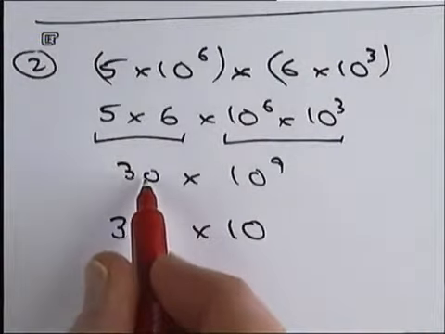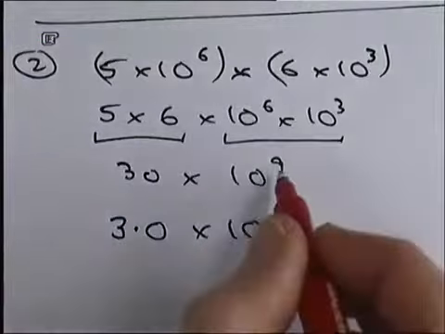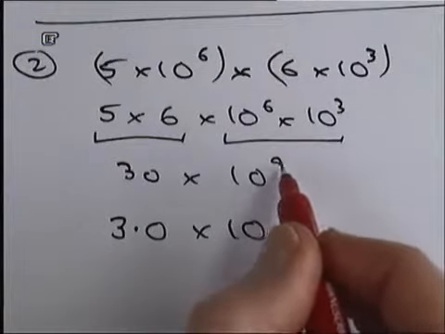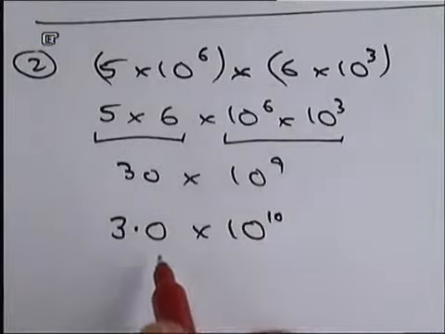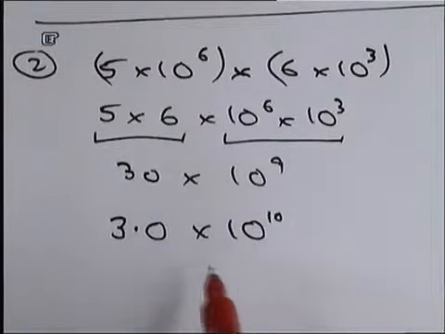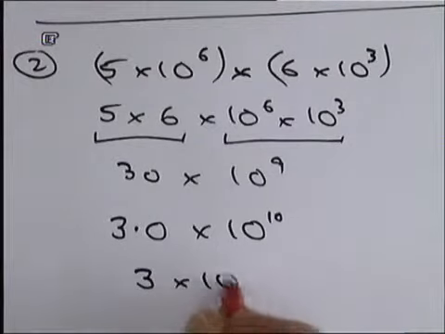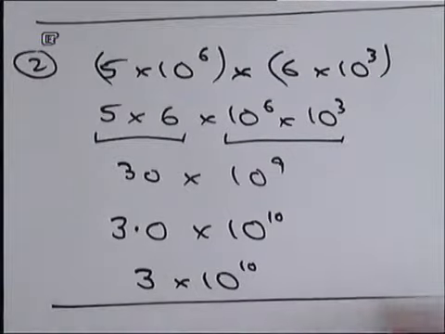So if I've made this number smaller, by dividing it by 10, I need an extra 10 here. So what I do is I add 1 onto that power. So I will get 3.0 times 10 to the power of 10. You could, if you want to, miss out the .0 there and just write it down as 3 times 10 to the power of 10.